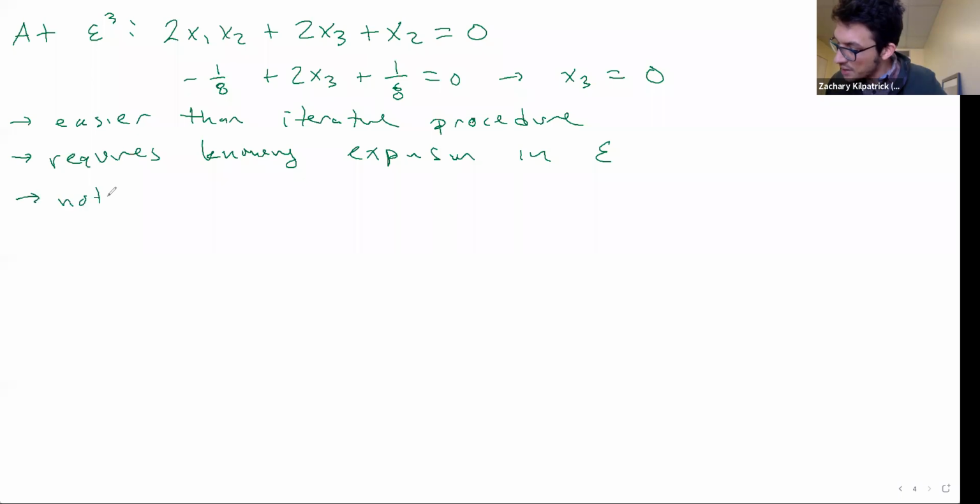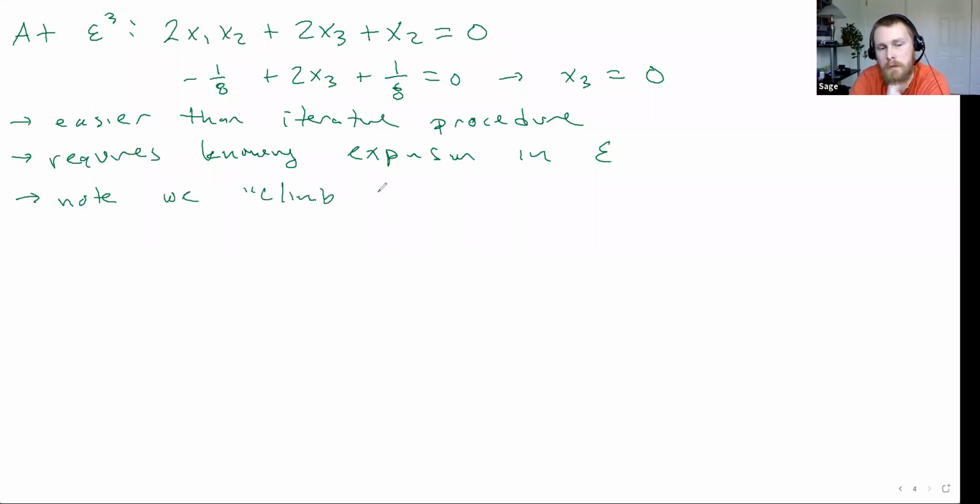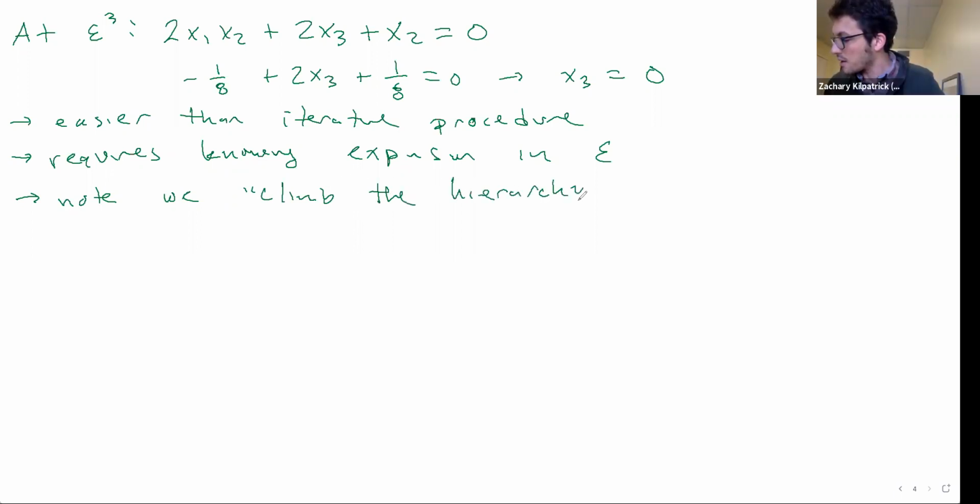And the last thing I'll note is that we climb the hierarchy: first we find x0, then x1, then x2, and so on at successive powers of epsilon.